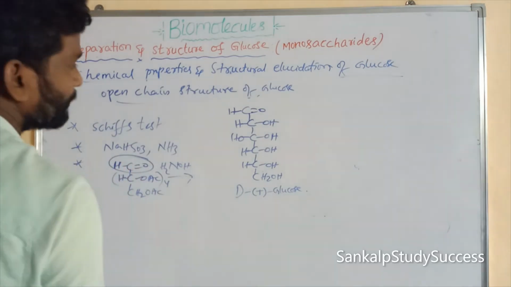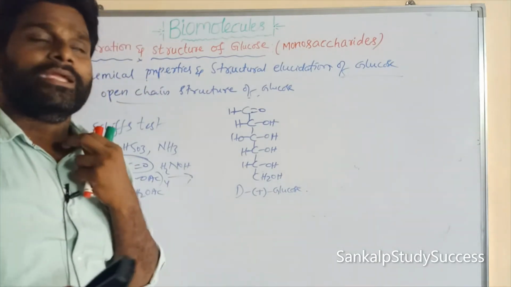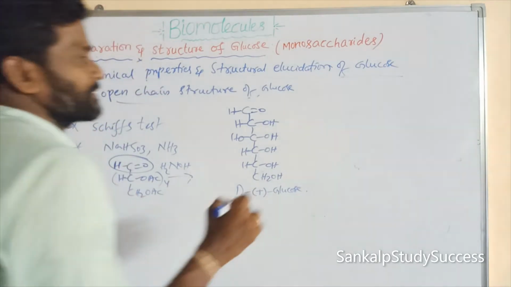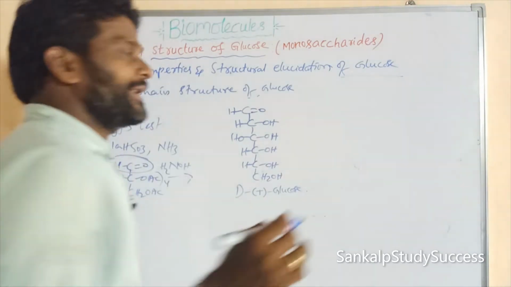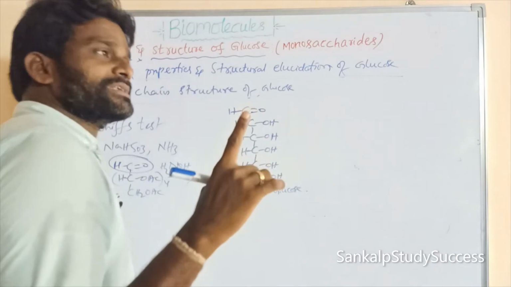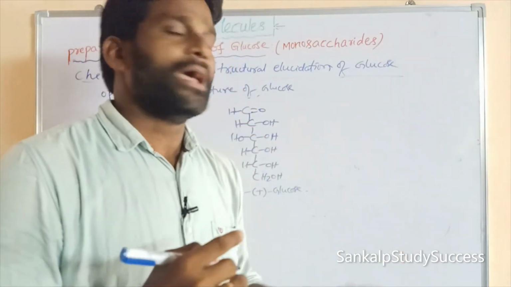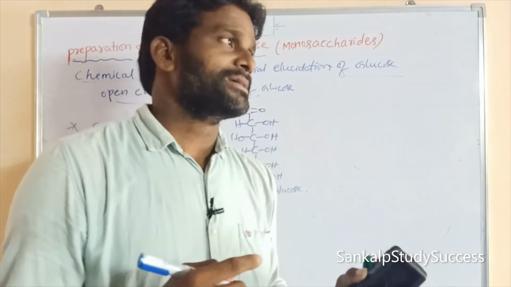Glucose is also found in nature in two crystalline forms. The two crystalline forms have different properties, like different optical rotations and different melting points.